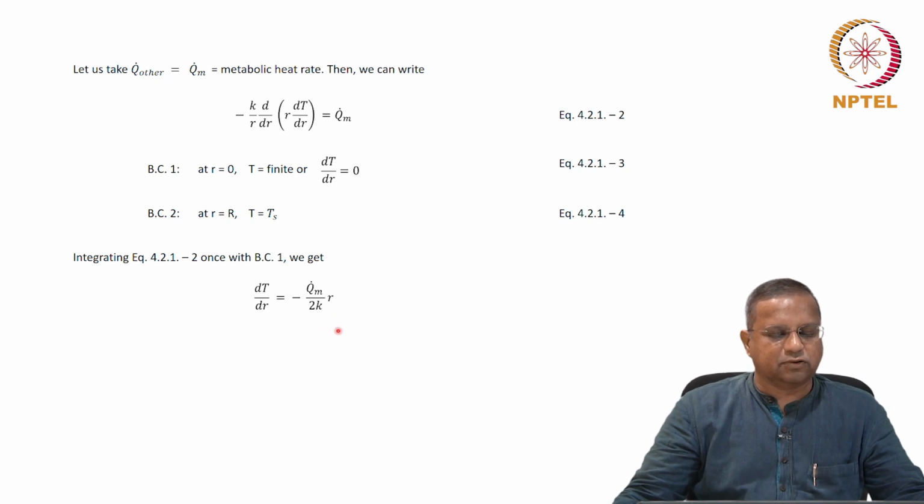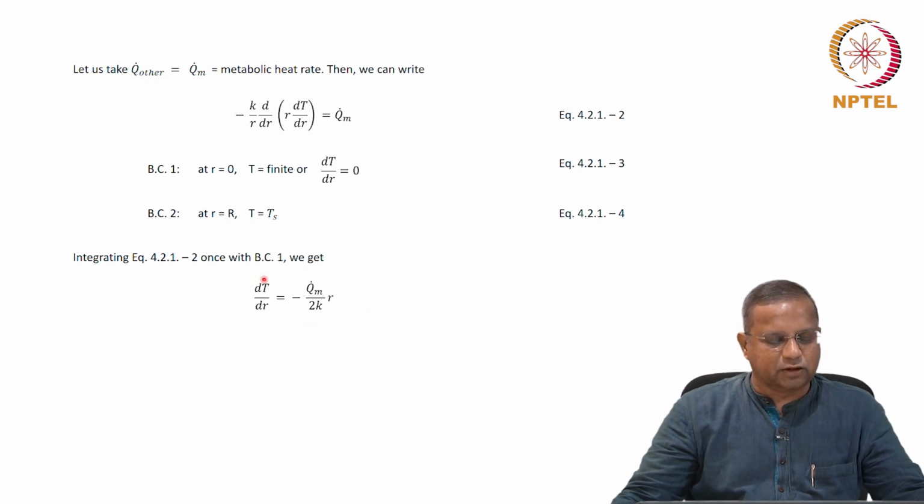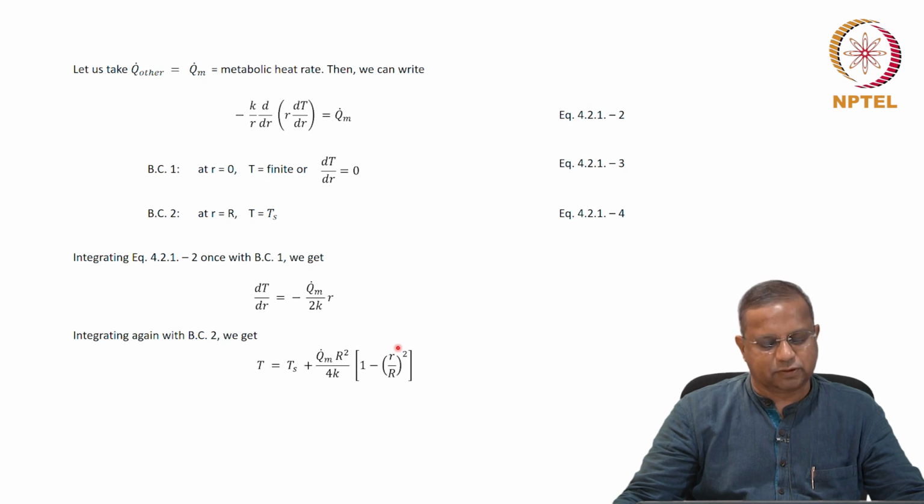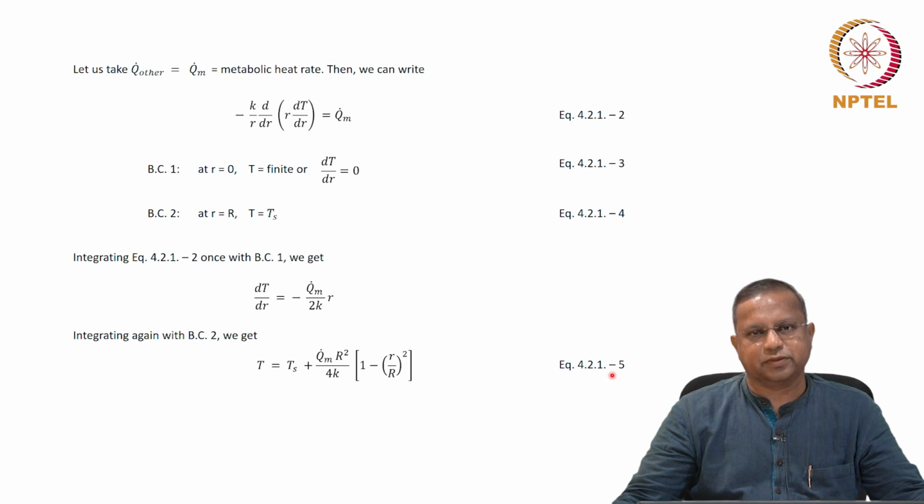There's already an r there, so that one will go away, and you get dT dr equals minus Qm dot by 2k times r. And if you use the boundary condition 2, at r equals R, T equals Ts, then we'll get the constant of integration as T equals Ts plus Qm dot capital R squared by 4k times 1 minus r squared by R squared. We're going to call this equation 4.2.1-5.